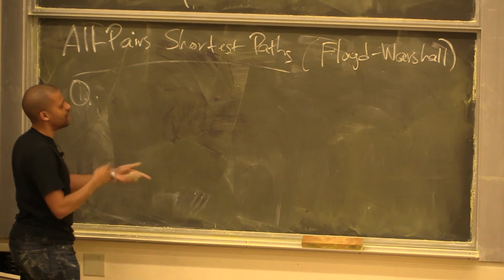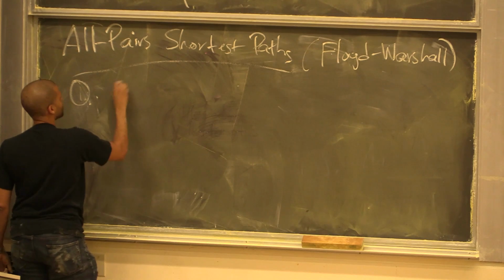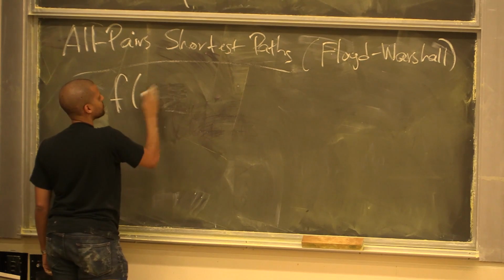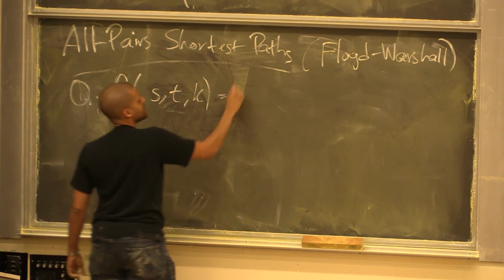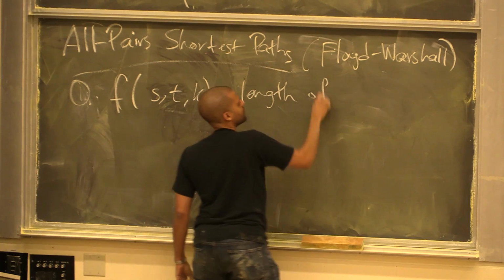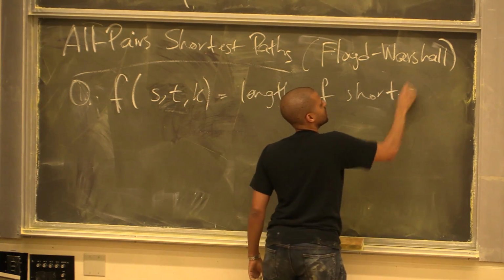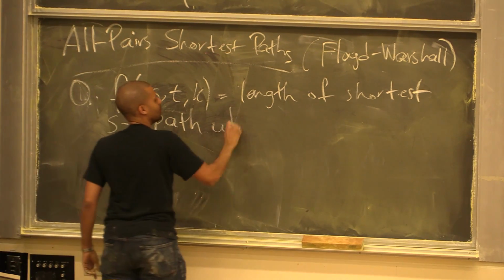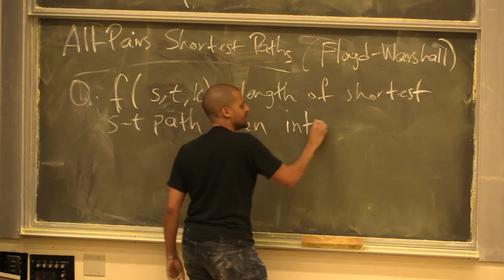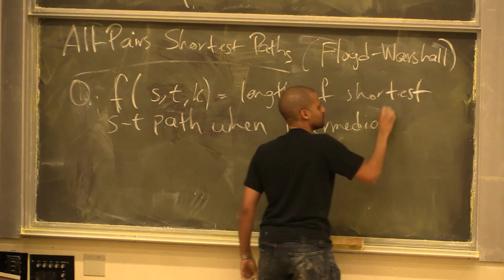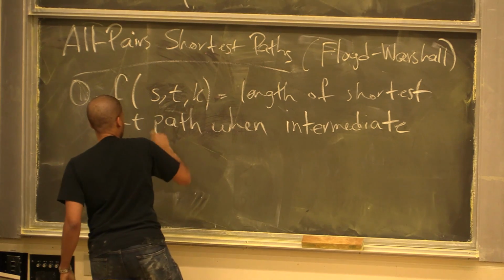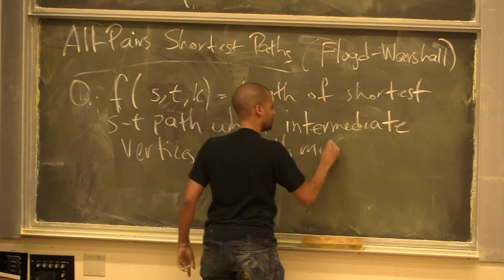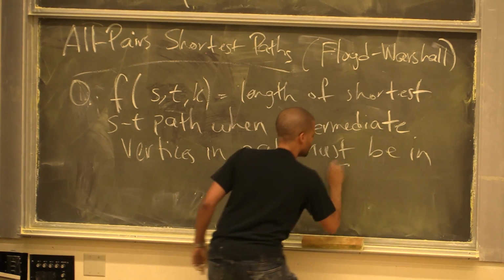So basically I want to know all shortest paths between all pairs. So I'll define a function f of s, t, k, which is the length of the shortest s-t path when the intermediate vertices in the path must be in the set 1 up to k.